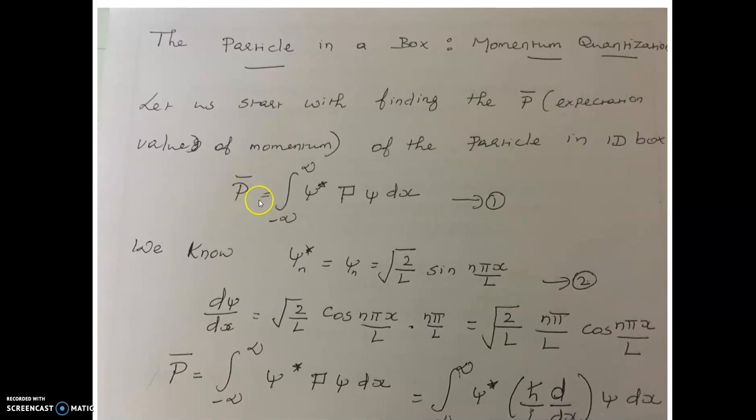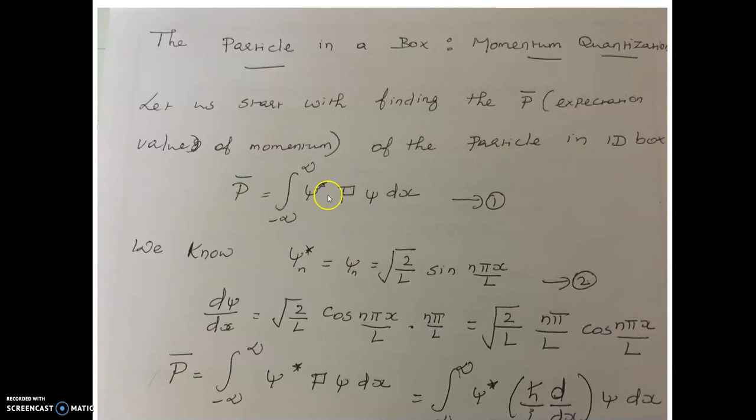P bar is equal to the integral, within limits between minus infinity to infinity, of psi star, the operator P, psi dx. I hope we have already studied this in our classroom. I hope you remember the expression.